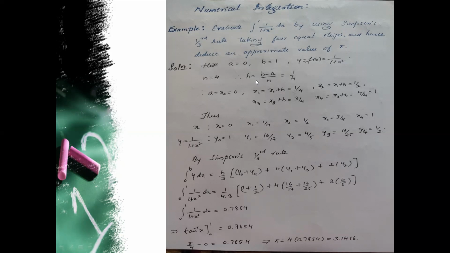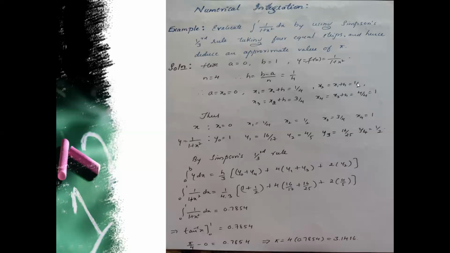h is equal to b minus a by n. We get h as 1 by 4. Now, a equal to x naught, that is 0. Then x1 is x naught plus h. So we'll get 0 plus h, that is 1 by 4. x2 is x1 plus h, 1 by 4 plus 1 by 4.